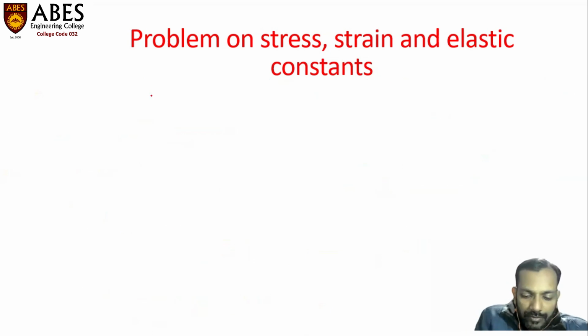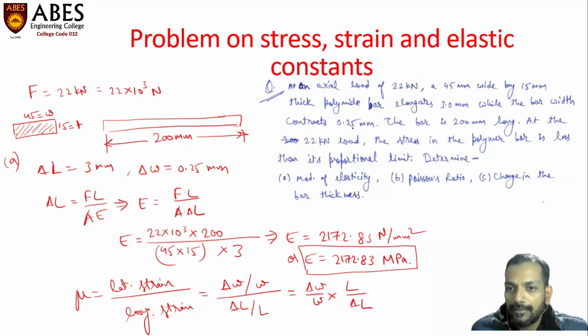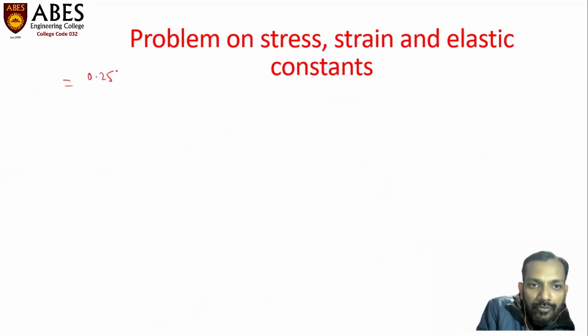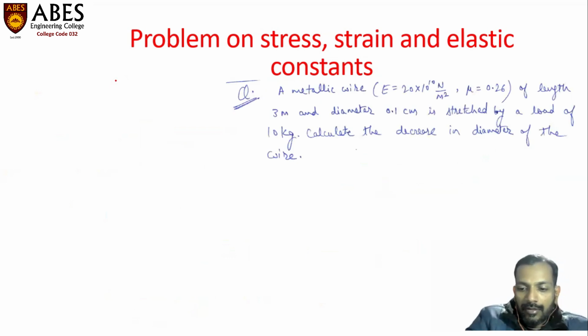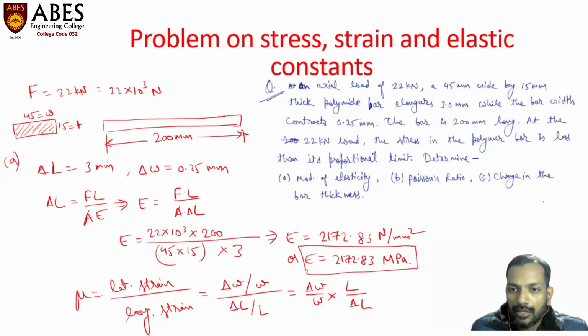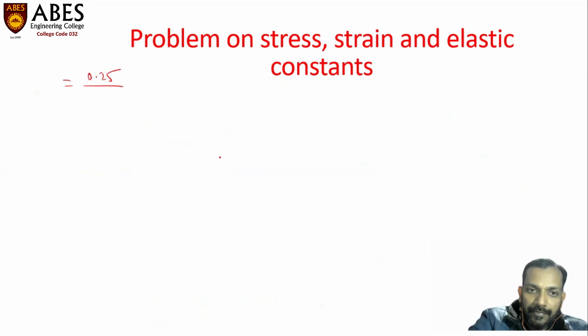So let's put the value. Change in width upon initial width upon change in length upon original length is equal to change in width upon original width multiplied by L upon delta L. What is the change in width? The bar width contracts 0.25 millimeter. So change in width is 0.25 upon, what is the initial width? The initial width is 45.